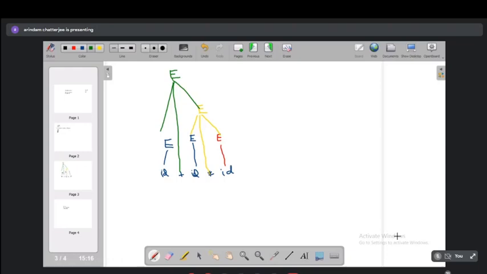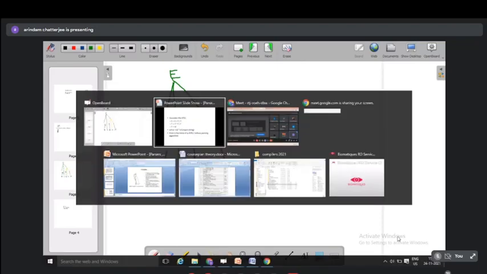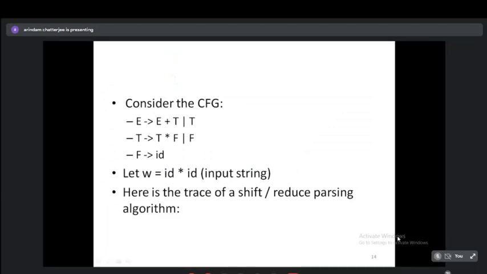So you need to be very clear. And as I said, a stack is inevitable. A stack is important, but we are not going to discuss the theory behind the stack implementation right now. We are just going to see the mechanism, how the stack is used to identify the handles and apply the reduction and shifting procedure. Till now, we have only seen the reduction procedure.